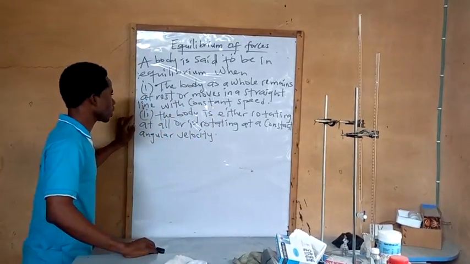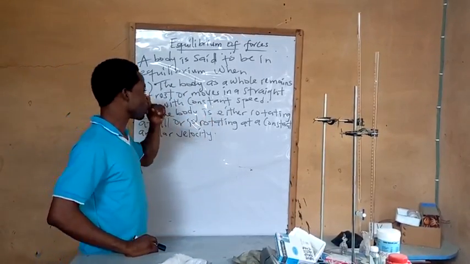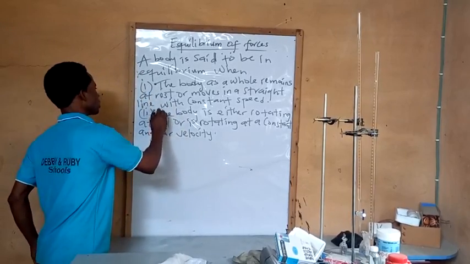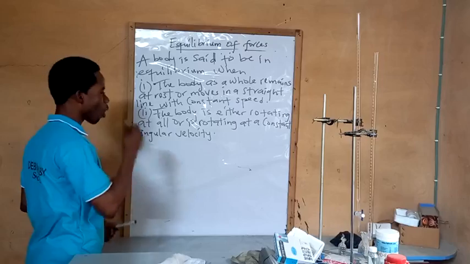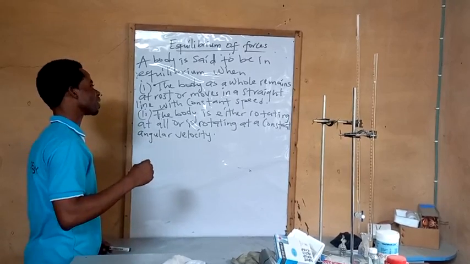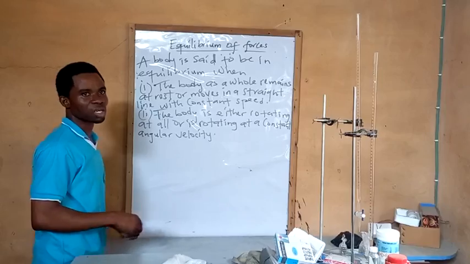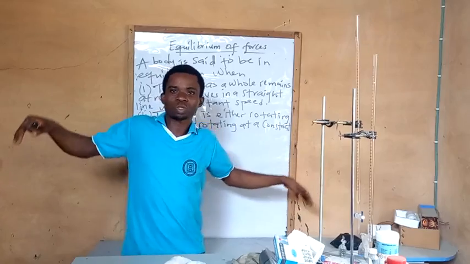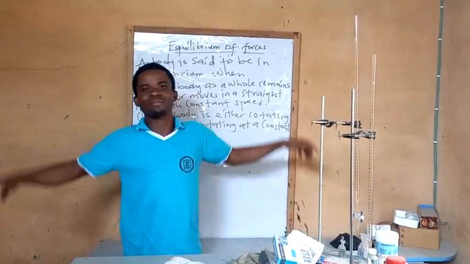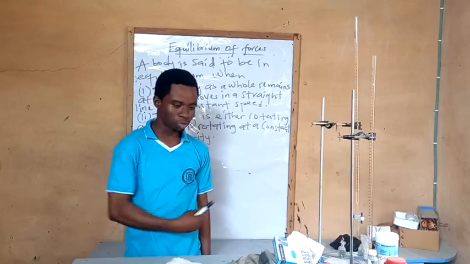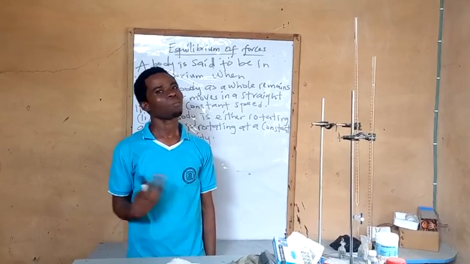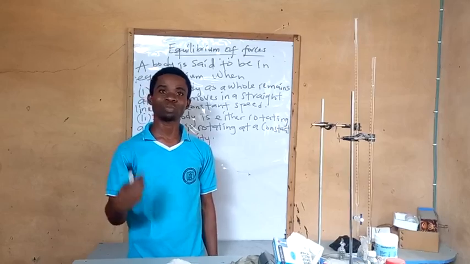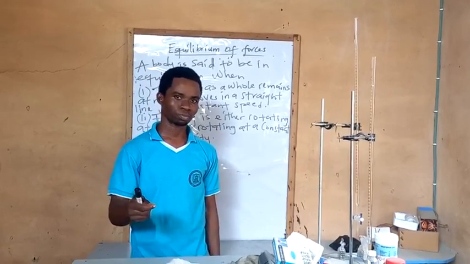Now, number 2 says that the body is either not rotating at all, or is rotating at a constant angular velocity. Even if the body is rotating, it must be rotating at a constant angular velocity. The angles at which the body is rotating must be constant, so that such a body is in equilibrium.